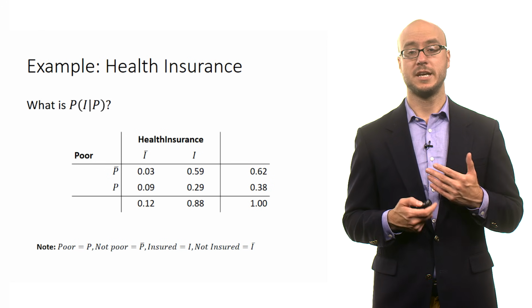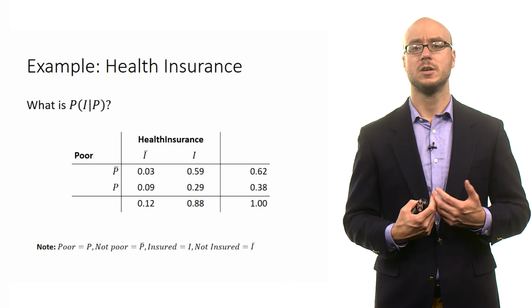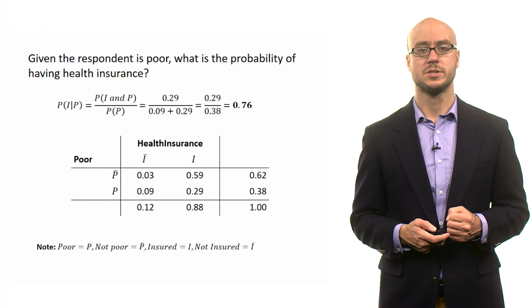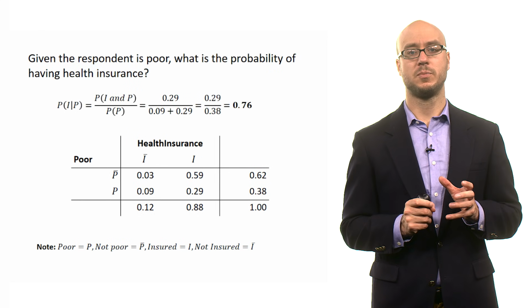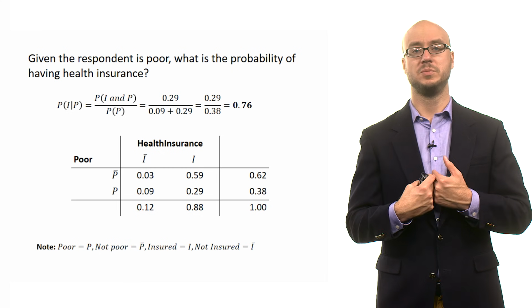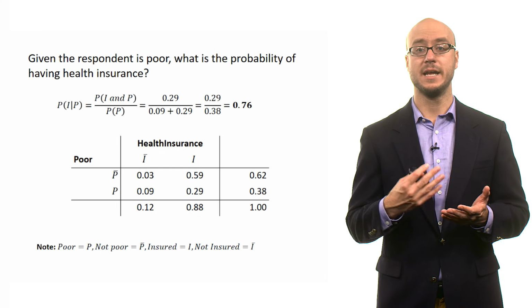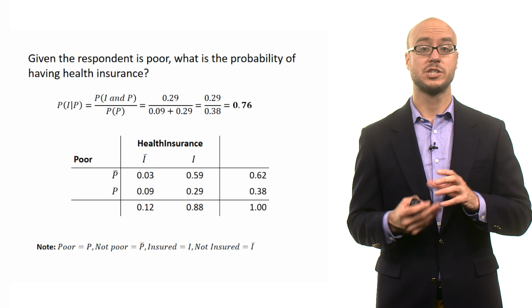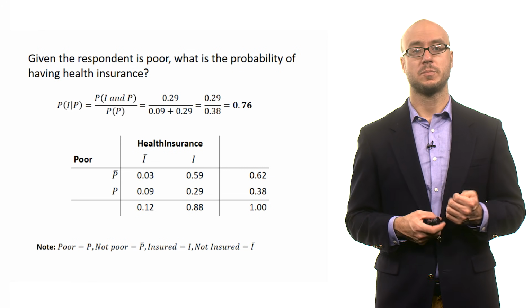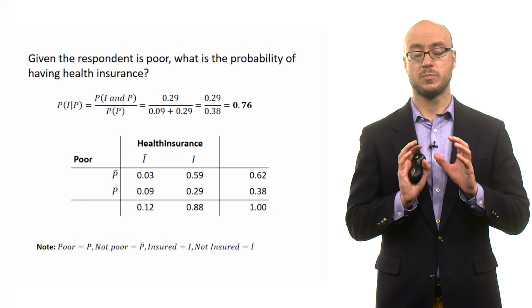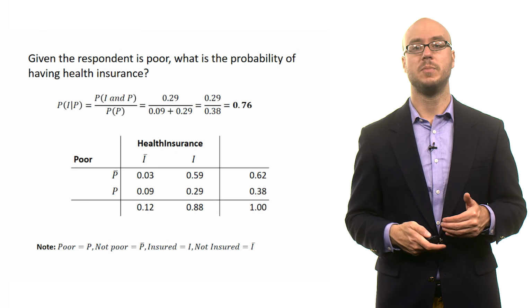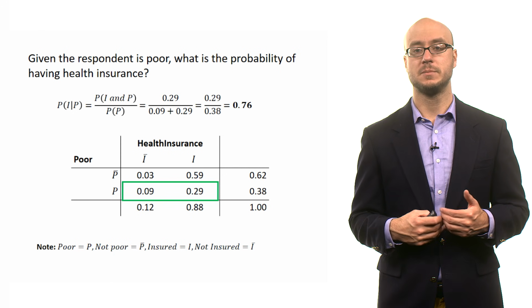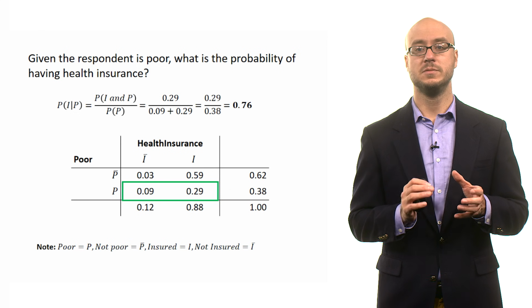And we can label these in our probability table that we calculated earlier, which is based on a real data set and is really just a table of unconditional proportions. So we might ask, given a respondent is poor, so given P, what is the probability of having health insurance? What's the probability of I given P? Well, we can use the multiplication rule in combination with our probability table. So the probability of I given P equals the probability of I and P divided by the probability of P. So the probability of P is simply the probabilities of these 2 cells.